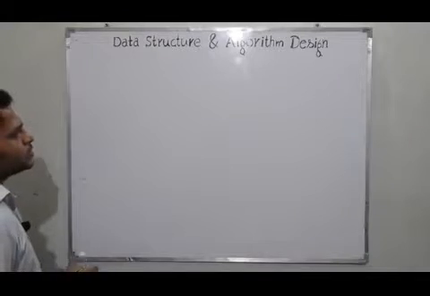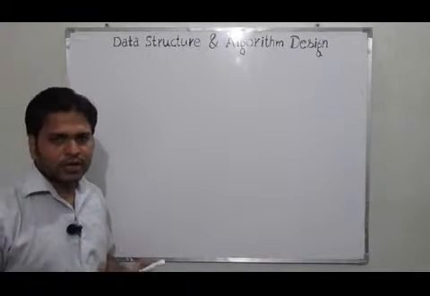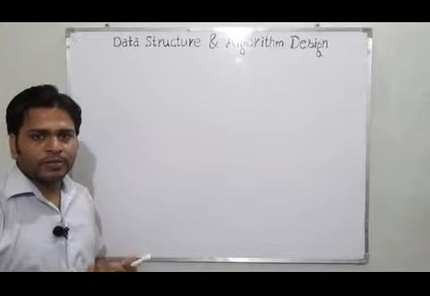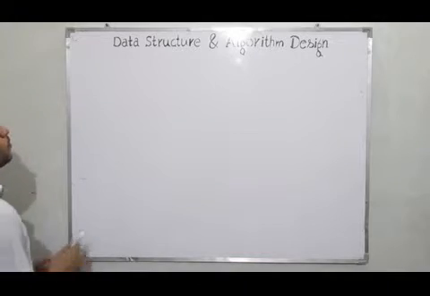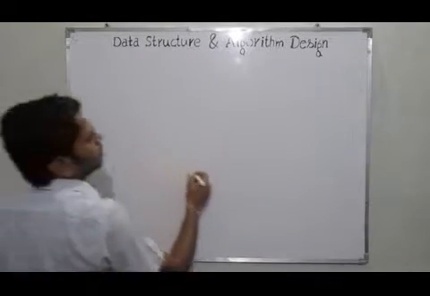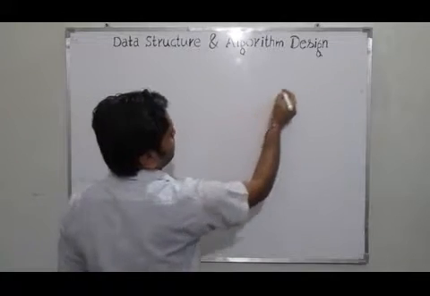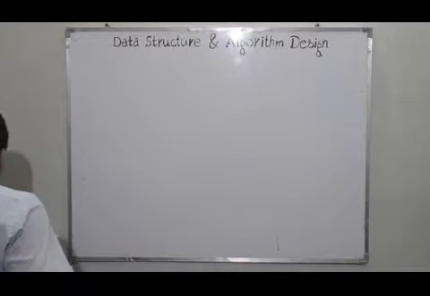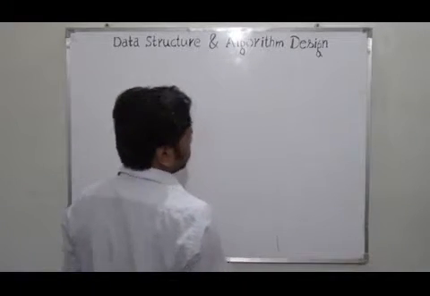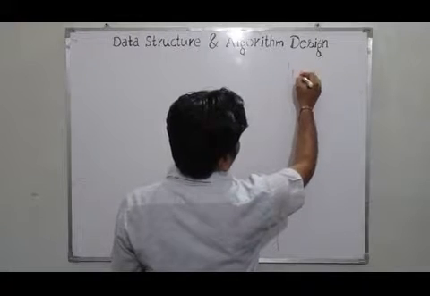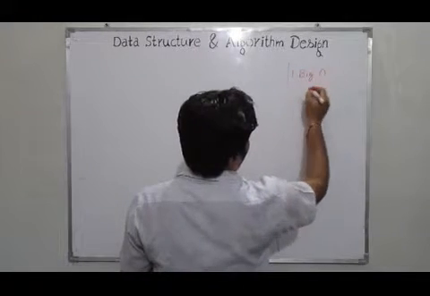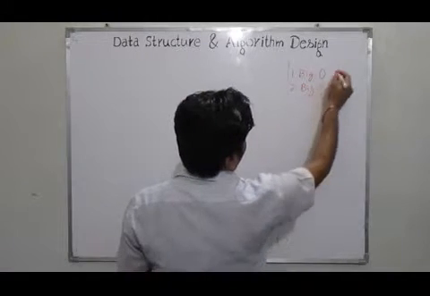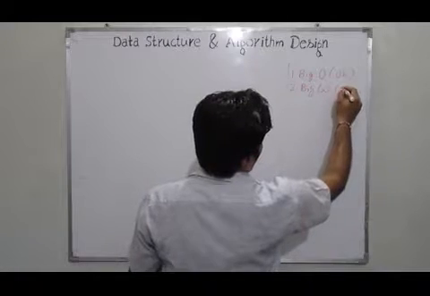So there are various kinds of asymptotic notations, and the important of them are: number one, big O, big omega. This is big O, big omega.